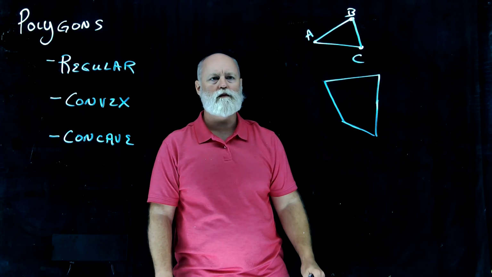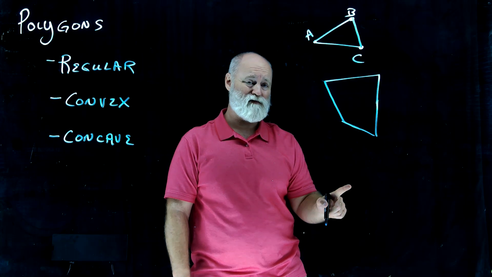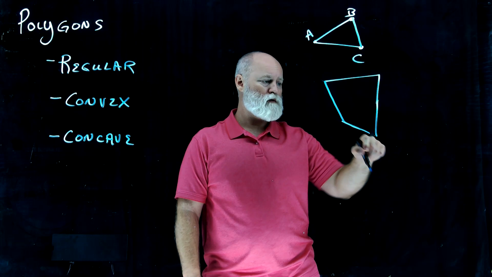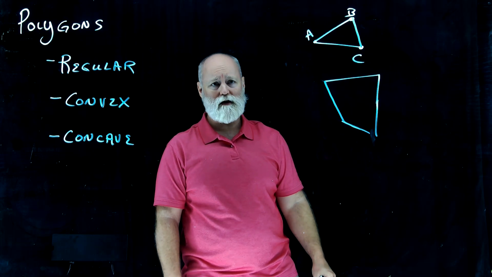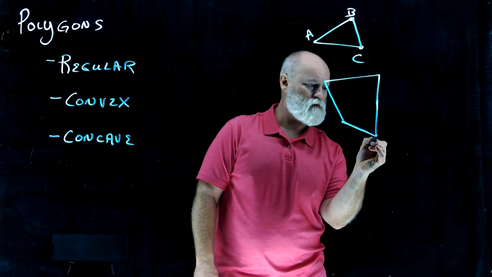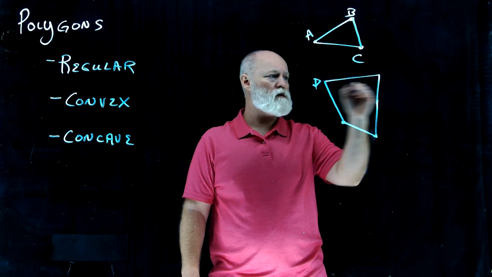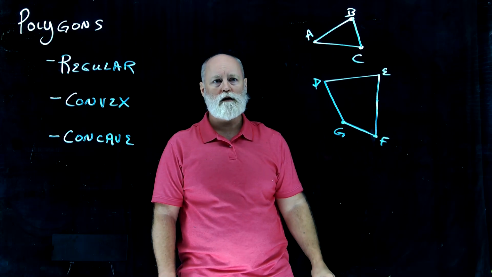Now we have a polygon. This is another polygon. Actually, it's not. Right here at the bottom. It's kind of hard to see on the video, but here, I'll overemphasize it. This isn't a polygon yet. Now it's a polygon. And I can label this as D, E, F, and G, right?